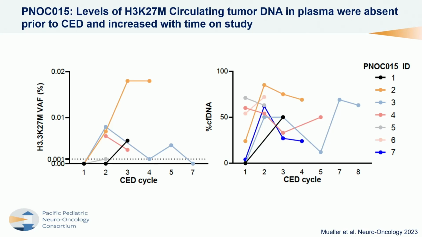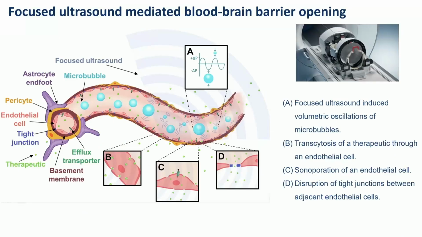And just in the last few minutes, another area we are heavily investigating, again, looking at how we can improve the blood-brain barrier penetration of our agents, is a field that has received a lot of attention recently in the DIPG field, which is really the use of focused ultrasound.